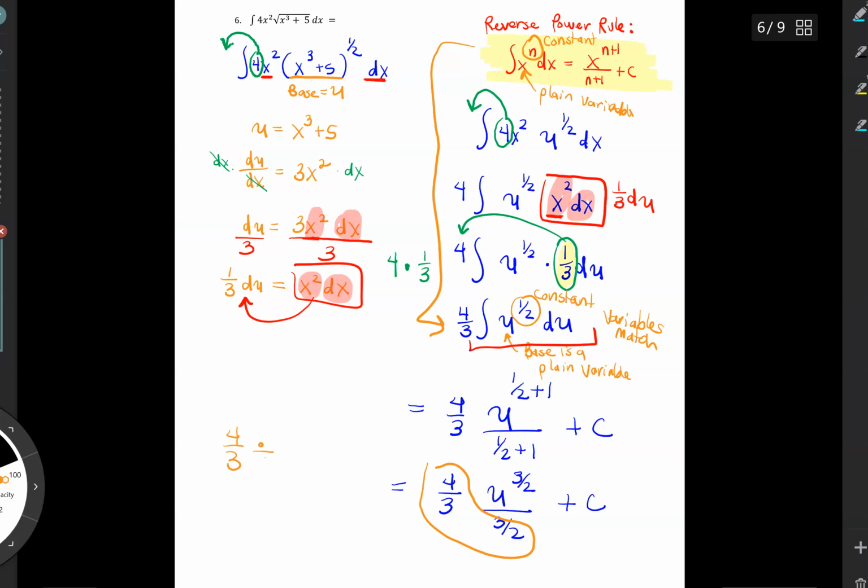and I'm going to divide by the 3/2. So if you type that in your calculator using your fraction button, or if you're using the division button, put those in parentheses. If you do that, you'll see 4/3 divided by 3/2.